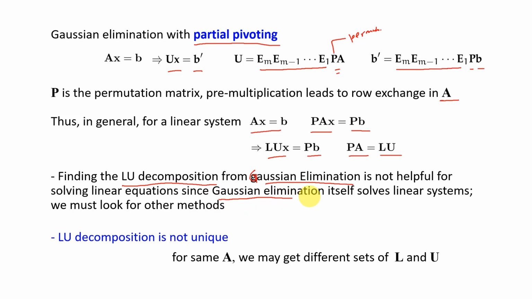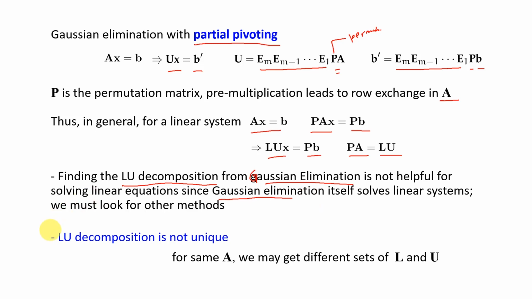That will be of no use. So what we have to do is figure out some other easier method, easier than Gaussian elimination for the L and U evaluation, and only then will this LU decomposition type procedure have any advantage.